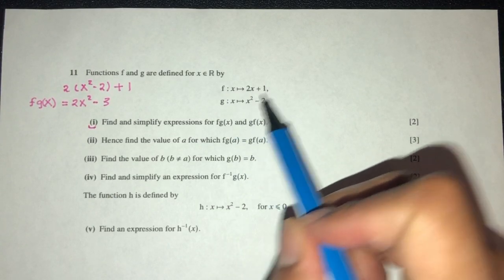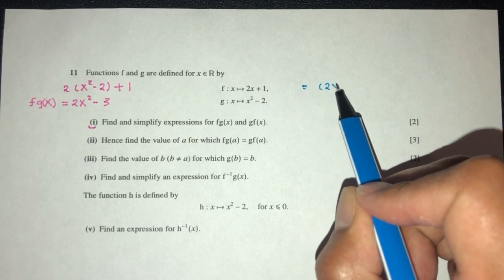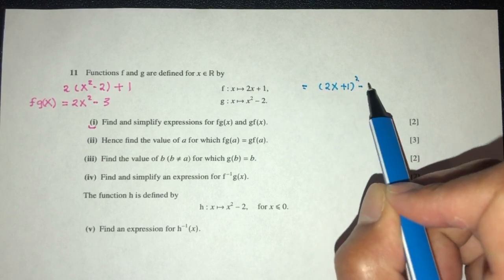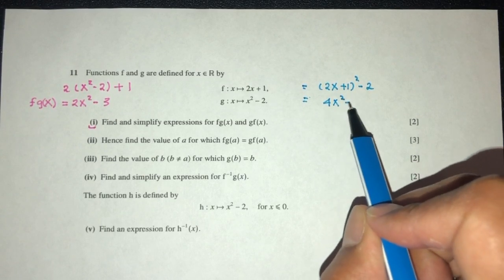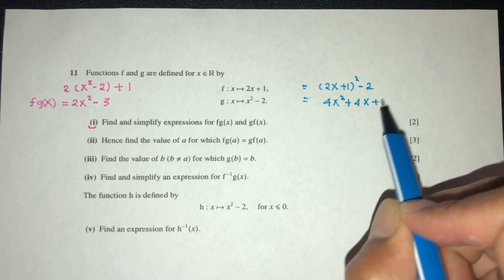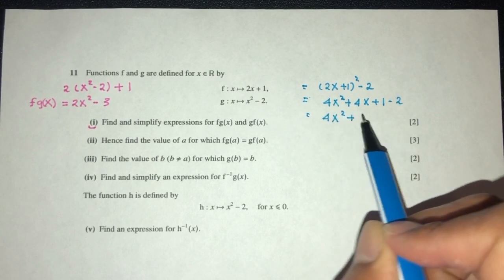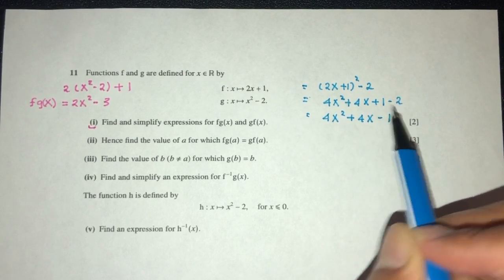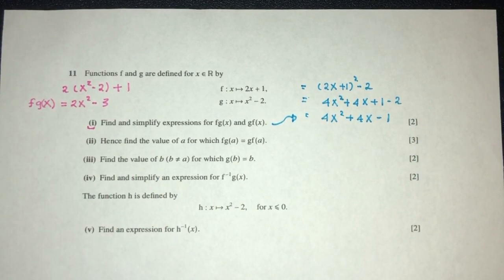Replace f of x in x here. You will have x squared, this minus 2. That should be 4x squared plus 4x plus 1 minus 2, which is 4x squared plus 4x minus 1. That will be this one. Okay, that will be part 1 of your question.